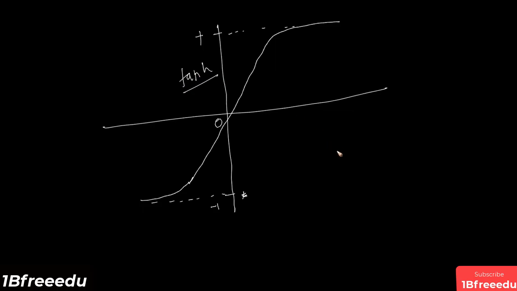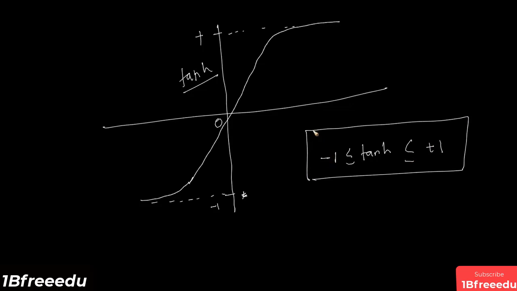Now the important point to note is that tanh varies between minus 1 and plus 1, that is, minus 1 is less than or equal to tanh, which is less than or equal to plus 1. In the case of sigma, it was varying between 0 and plus 1. So tanh varies between minus 1 and plus 1, but the shape of the curve is exactly the same. This is also an S-shaped curve.